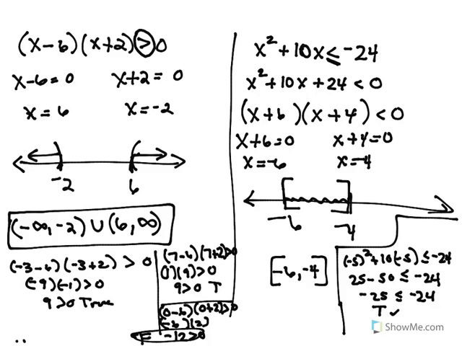Okay, so if we were to choose something outside of the solution, like 0, and plugged in 0, we would get 0 is less than or equal to negative 24, which is a false statement. And so you can see that none of those other values outside of the negative 6 and negative 4 would be part of the solution. So you know you did it correct. So this is your answer. And so that's basically solving polynomial inequalities.